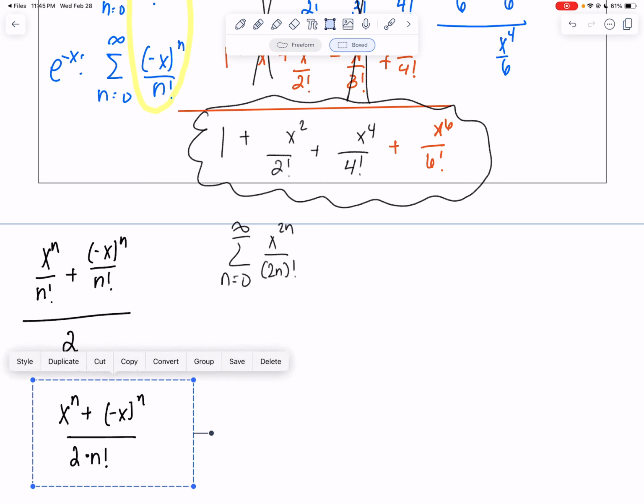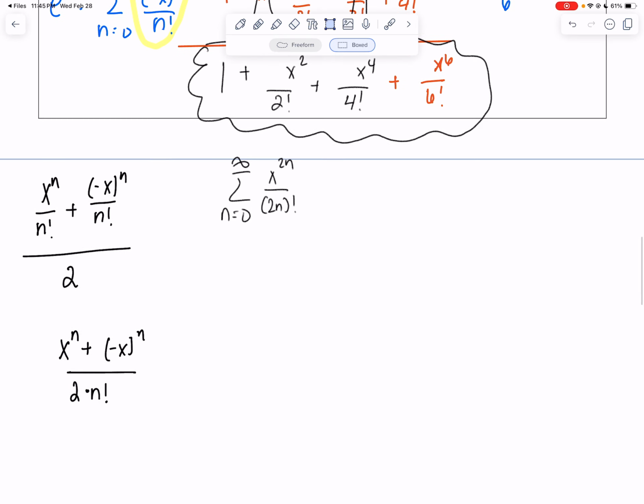Okay. Now, like I said, you might want to use a little bit of common sense here. Anytime I have an odd power, this thing will cancel out and become 0. So instead of just doing x to the n plus negative x to the n, I'm going to have x to the 2n.